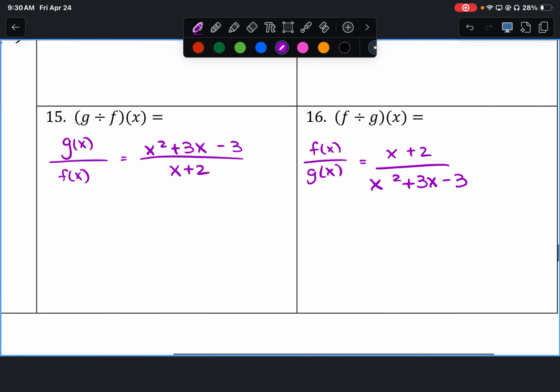All right, so your answers for those two are as follows. Okay, so we are done for today. What we are going to do Monday is practice all of our function operations. Then for the rest of the week, we're going to talk about the only new concept in this unit, which is 10.5.